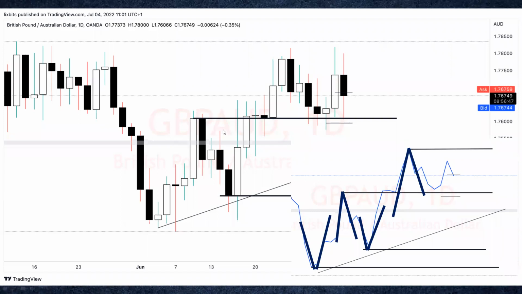With this particular chart, we have a strong support and a strong resistance. This is a resistance, this is a support, this is a strong support.